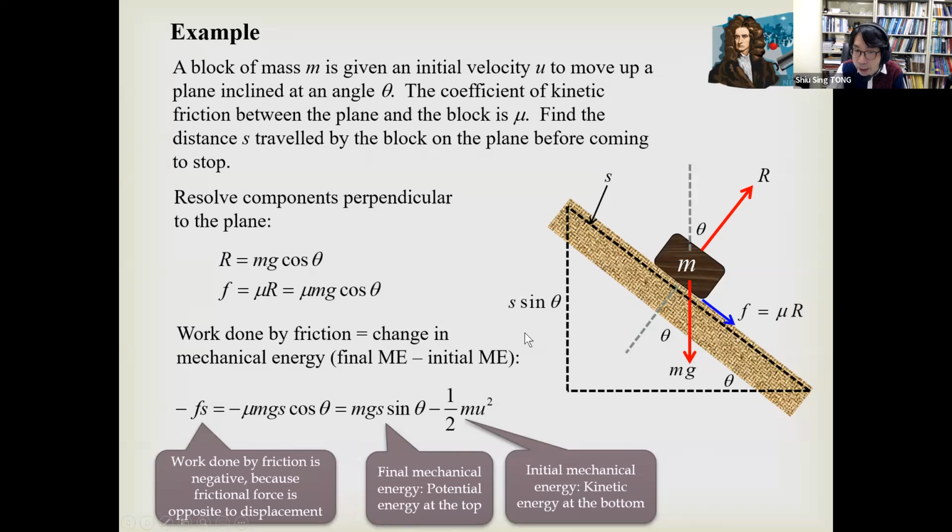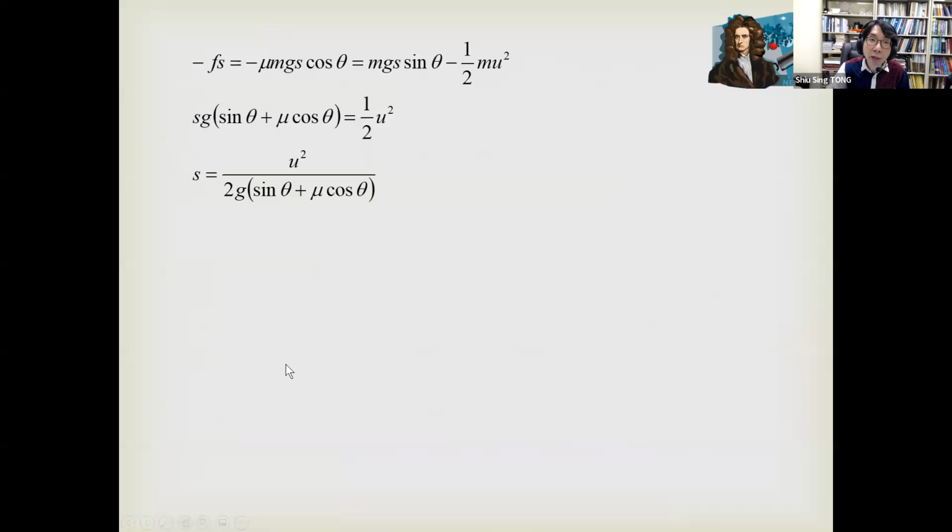So the height is s sine theta. So we have mg times the height, which is s sine theta. Okay. And the difference between the final and the initial mechanical energy is equal to the work done by friction. Okay. Now, so we arrive at this simple equation.